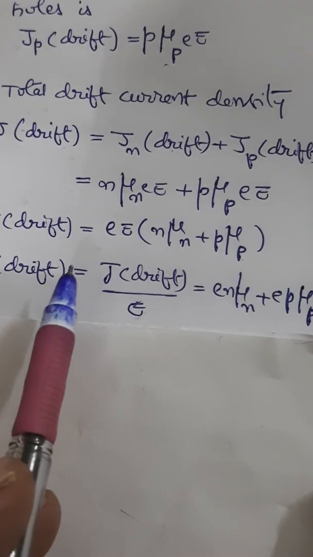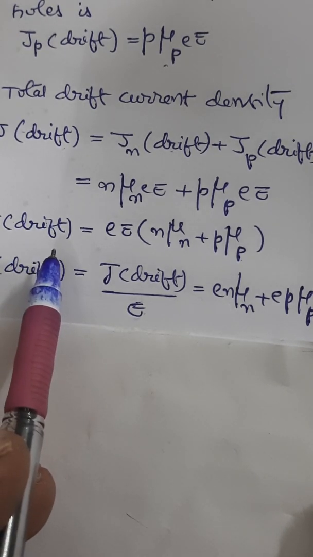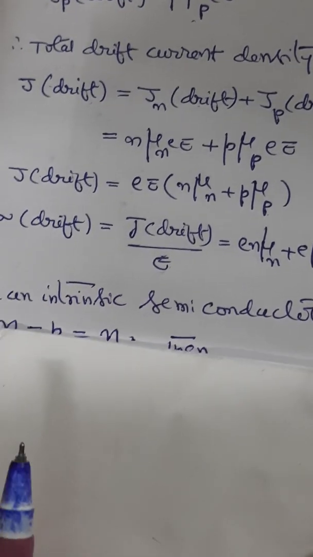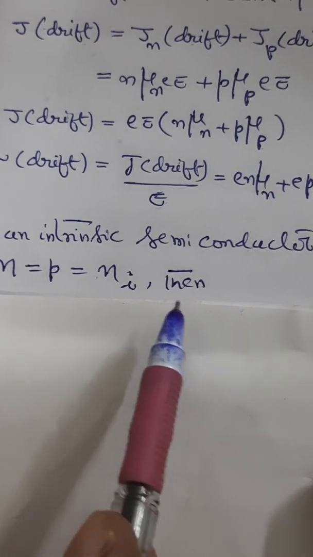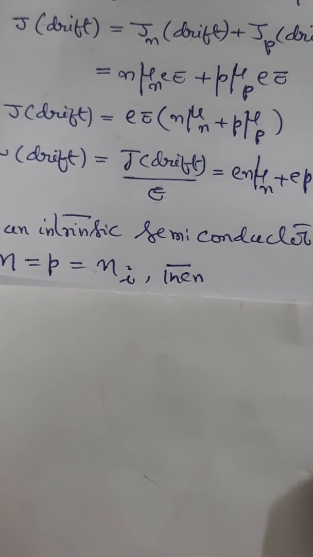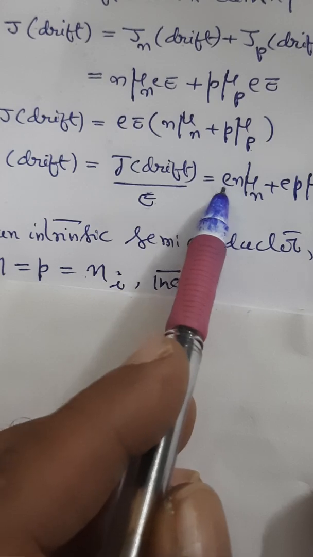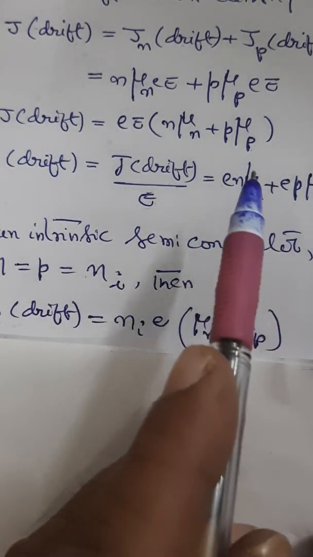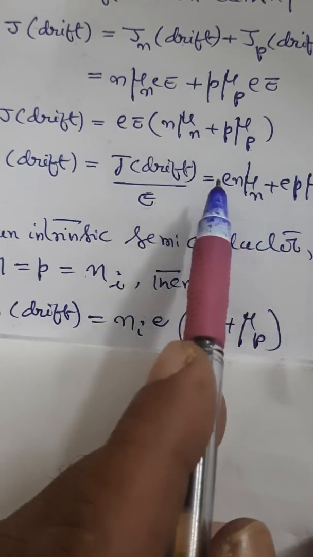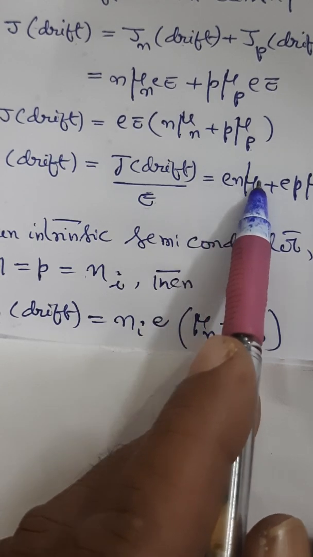This is for extrinsic. So in the case of an intrinsic semiconductor, we know that n is equal to p equal to ni. So wherever n and p are there, you can substitute ni. Take e common, and you will be left with n mu n plus p mu p.